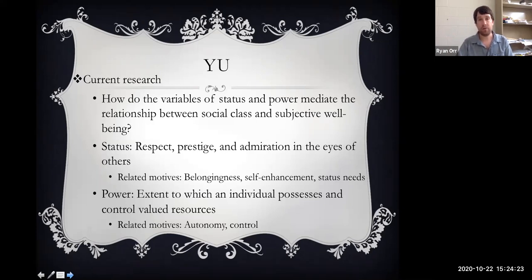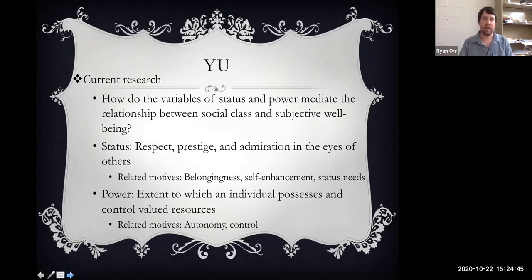And finally, the other drive connected to status is belongingness. So the idea is when you have status, when people admire you, you feel like you belong. You're part of something bigger than yourself. Compared to when people don't admire you, they don't respect you, then again, you feel more like a fish out of water. You feel like you don't belong.